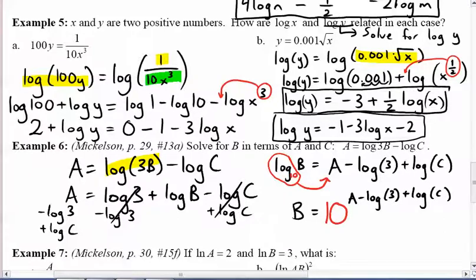We can actually do a lot better than this. You can simplify using exponent laws. So I can show you some of the steps that you could do to simplify this. When you subtract two exponents, that's the same as dividing. So that would be like 10 to the power of a divided by 10 to the power of log 3 and times 10 to the power of log c, because the log c is being added.